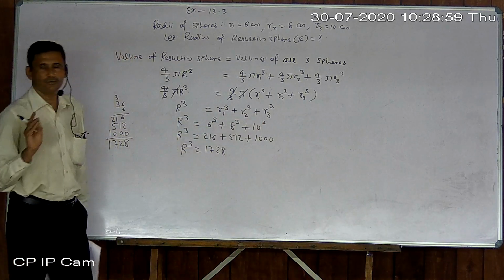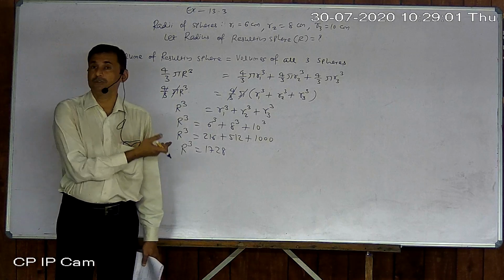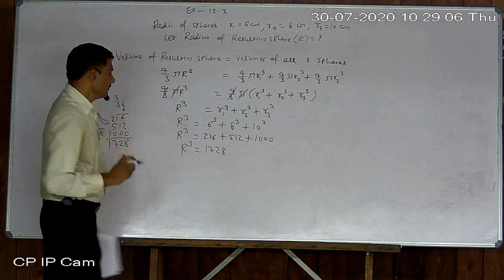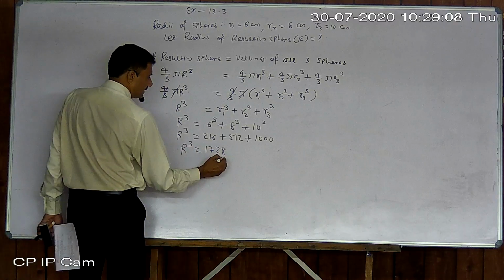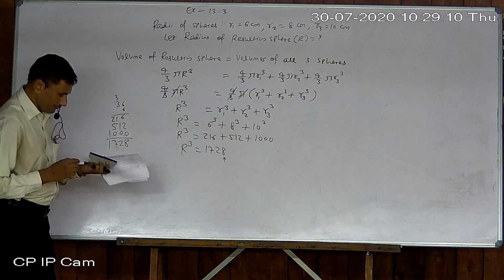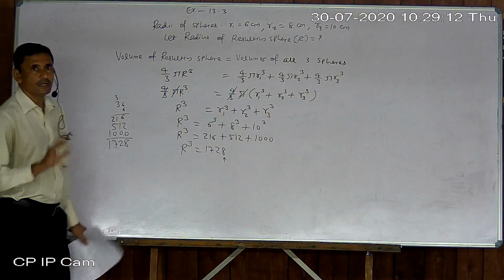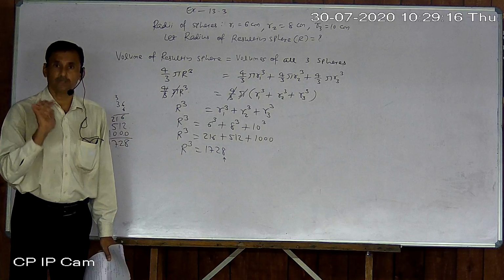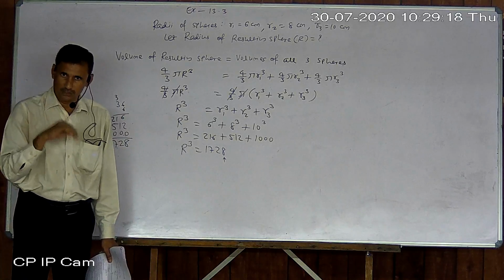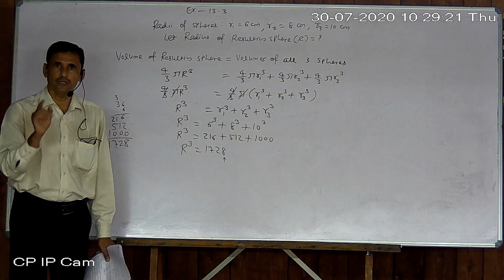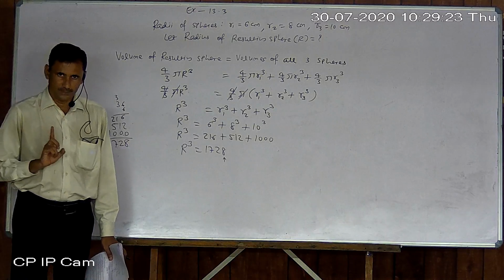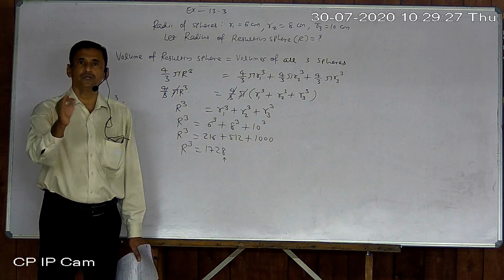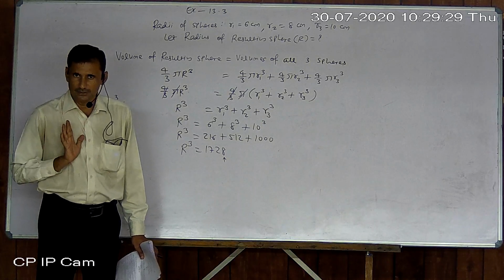So we check 11 cube, 12 cube, 13 cube, 14 cube. But by unit digit, look at the unit digit, 8. In the cube of 2, only 8 comes. In the cube of 1, only 1 comes. Whether it is the cube of 11, 21, 31, 41, the unit digit is always 1. Cube of 2, 12, 22, 32, the unit digit will always be 8.